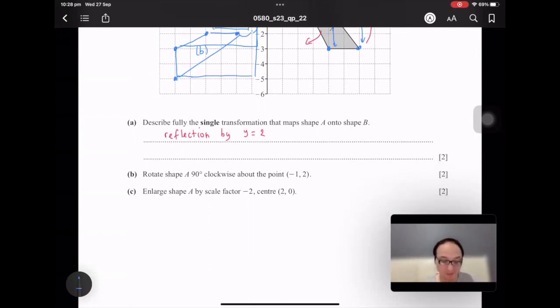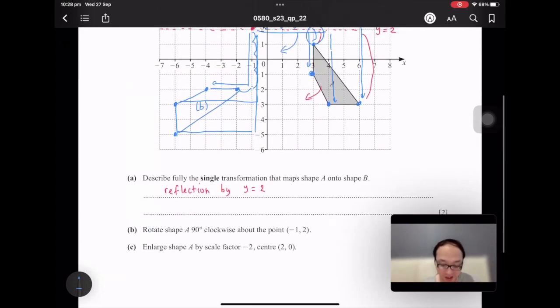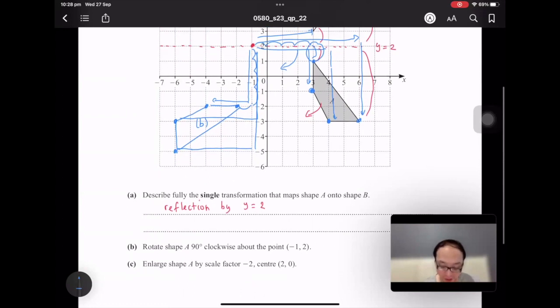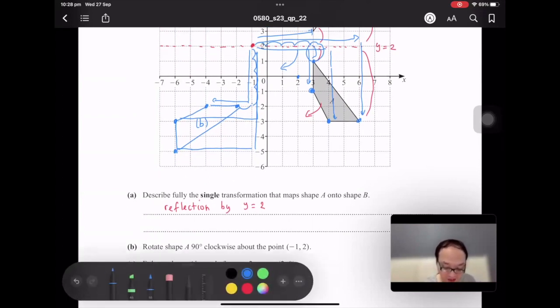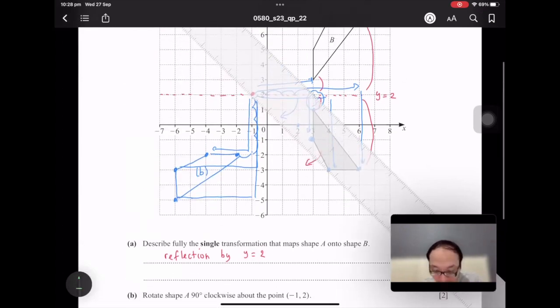C, enlarge shape A by scale factor -2, center (2, 0). So the center is (2, 0), like this. Then we can use the ruler to find all the coordinates.